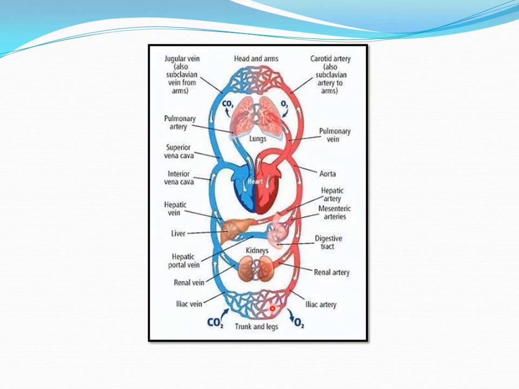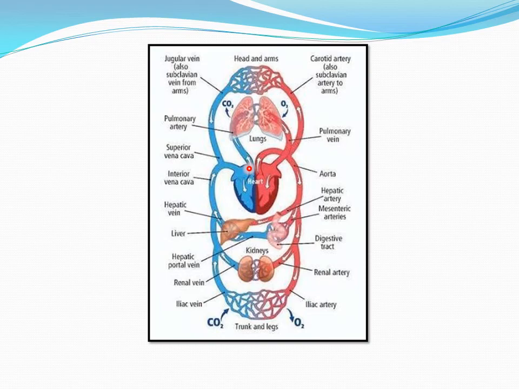Again, how is the pulmonary circulation happening? Here, the deoxygenated blood from the lower part of the body is transported to the right auricle through the superior vena cava and the inferior vena cava. They carry the deoxygenated blood from different parts of the body.